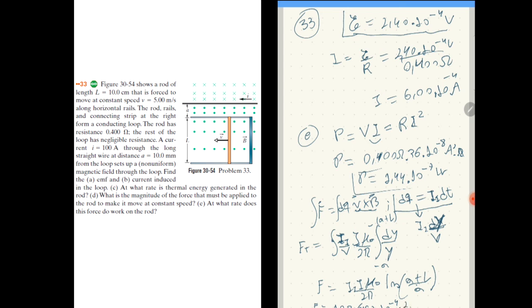We get 10 to the -7, and this unit is Newton. And this equals, I have to put down here, 2.87 times 10 to the -8 Newton. So if I'm not mistaken, this is the right answer of this problem.